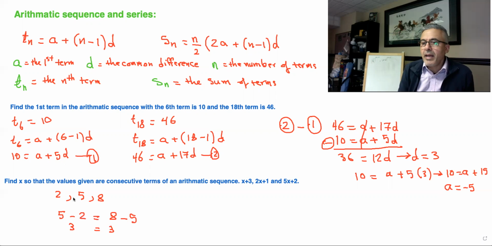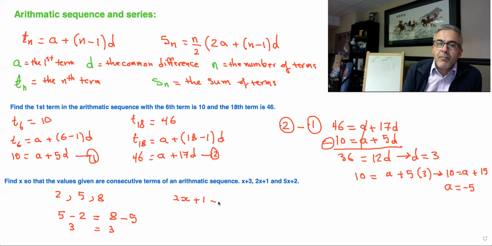So with the same analogy, that's what I'm going to do with this. Since they told me this is an arithmetic sequence, I'm going to go the second term, which is 2x plus 1, minus the first term, x plus 3, should equal the third term, which is 5x plus 2, minus the second term, which is 2x plus 1.